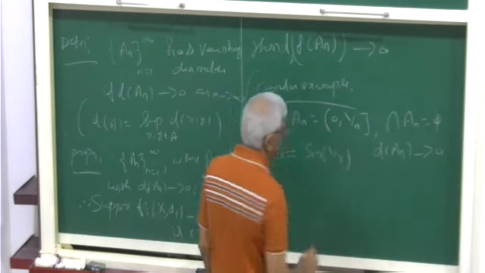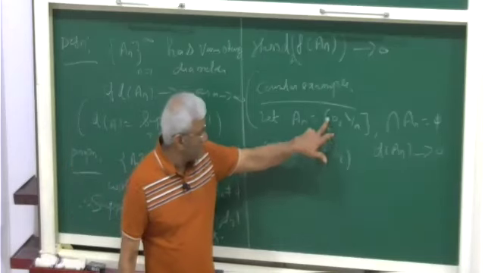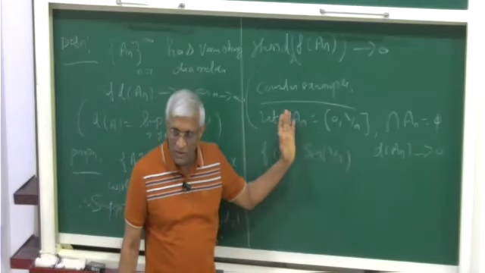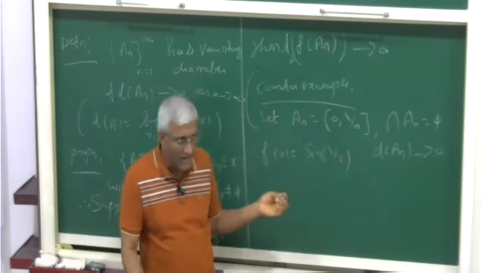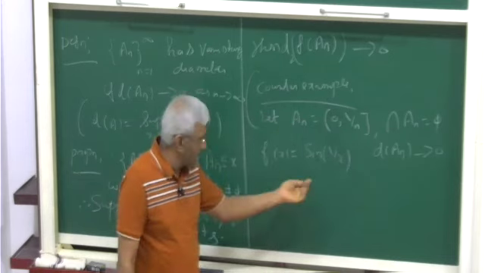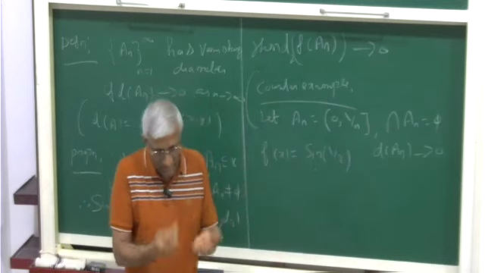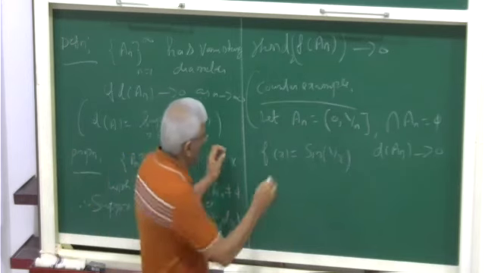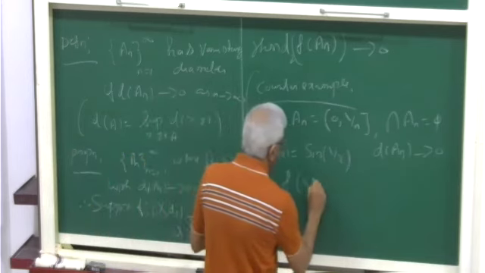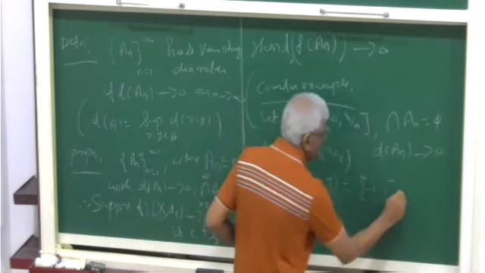Of course, you can't define it at 0. Sin(1/x) will go to infinity, and it will take all values between 2n pi and (2n+1) pi, (2n+2) pi. So f of this (0, 1/n) will be equal to [-1, 1] for all n.